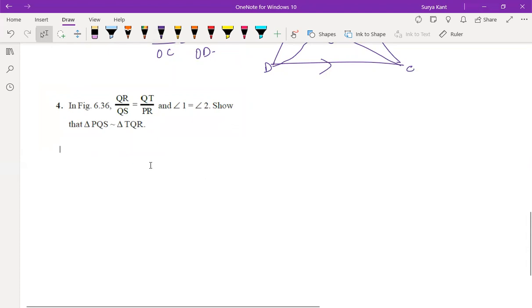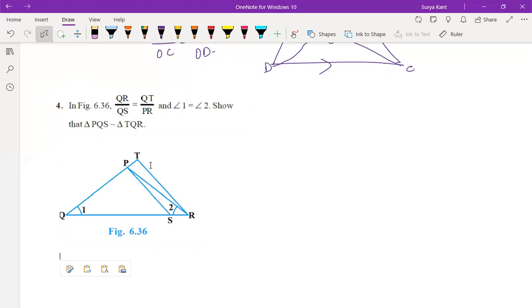In figure 6.36, QR by QS is equal to QT by PR, and angle 1 is equal to angle 2. Show that PQS is similar to TQR. Can you see the figure here?